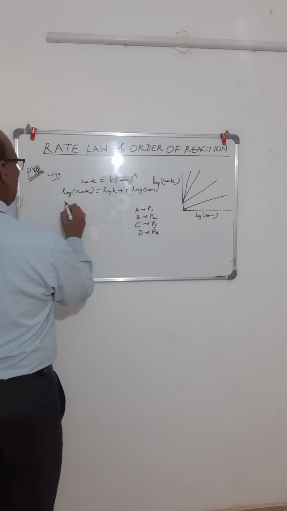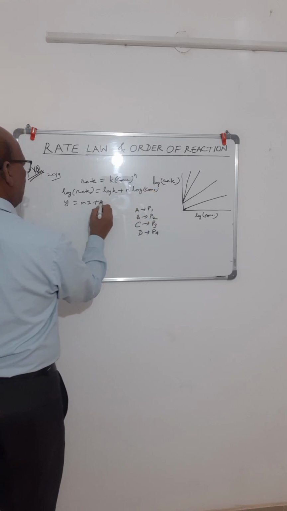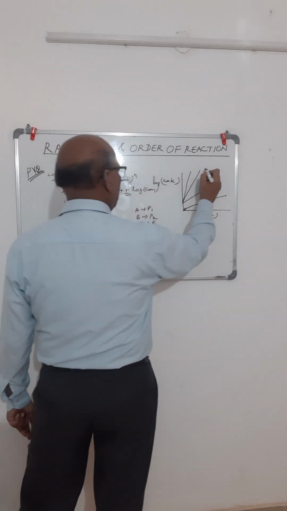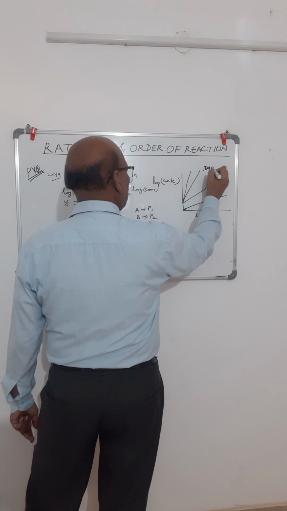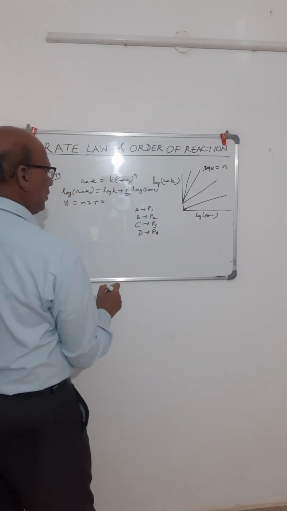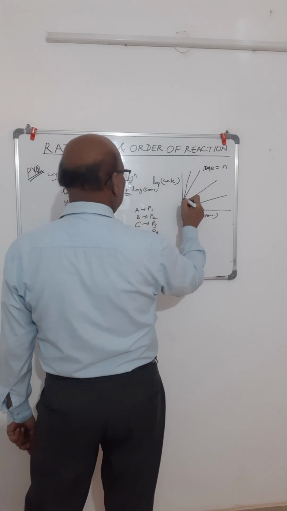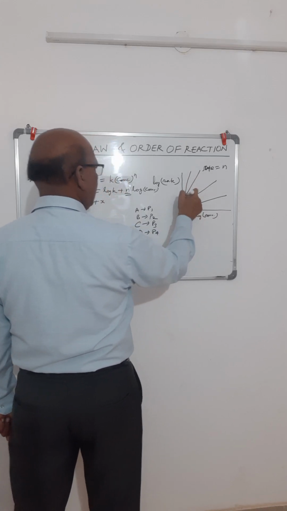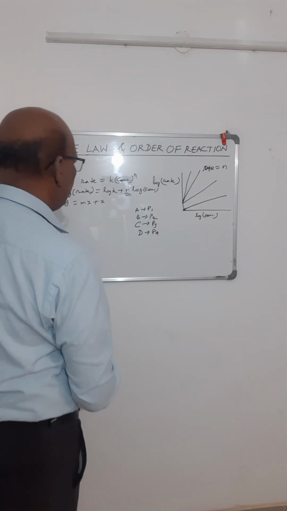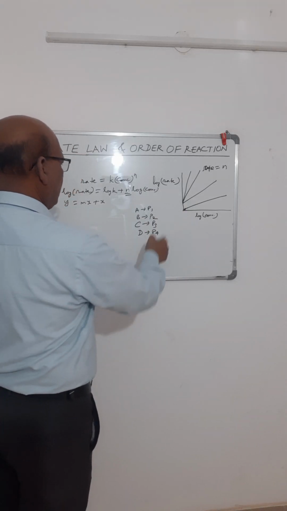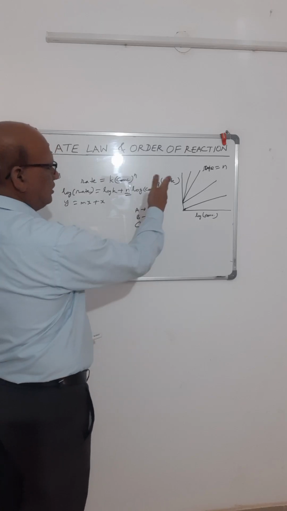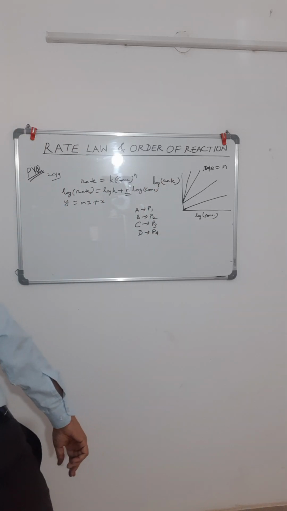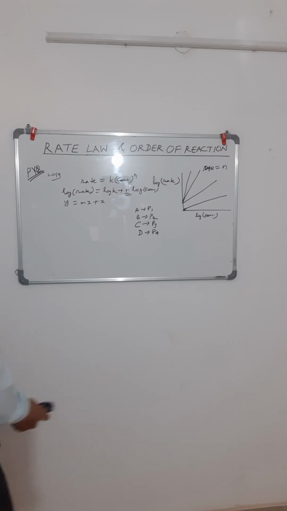So this is like y equals mx plus c, where m is the order of reaction, that is, the slope of this curve will be the order of the reaction. So the reaction having the higher slope will have the higher order. That is how we can find out the increasing order of the order of reaction. The higher the slope of this graph, the higher the order of the reaction.